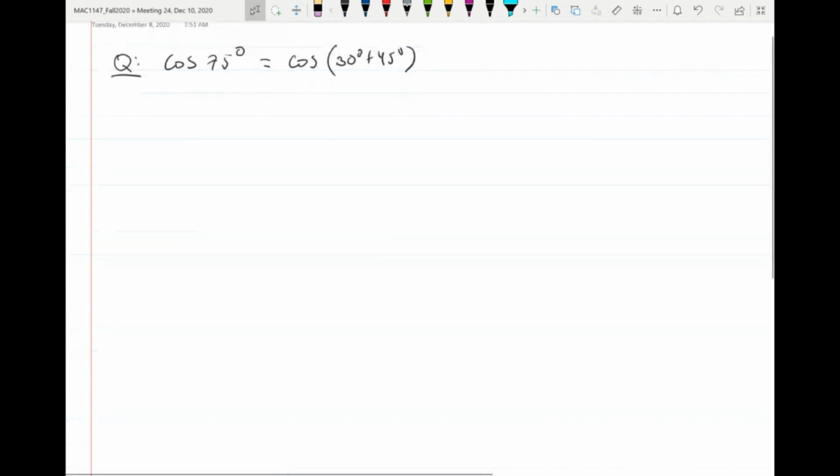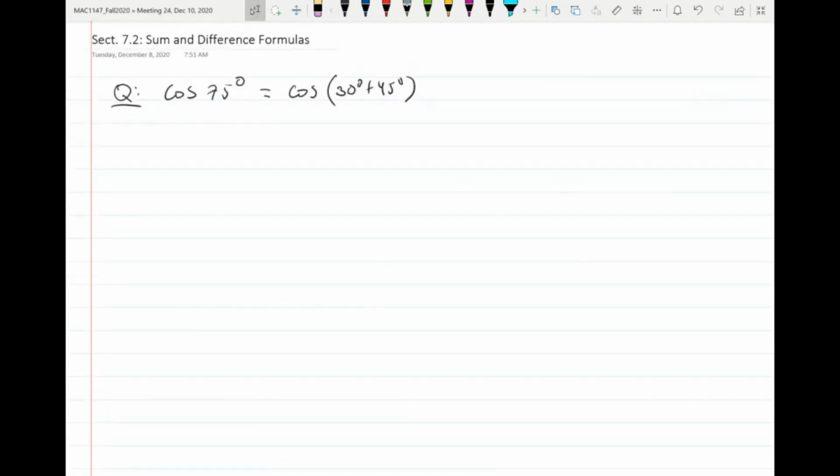So a natural question is, can we express this somehow as an expression that involves functions of only 30 and 45 degrees? So that's something that we may wonder.